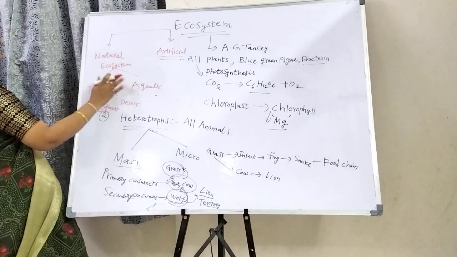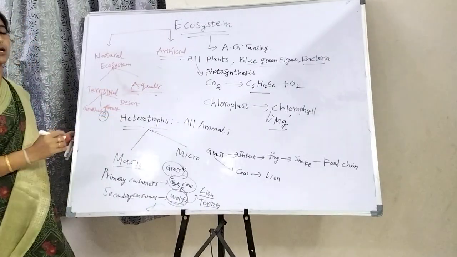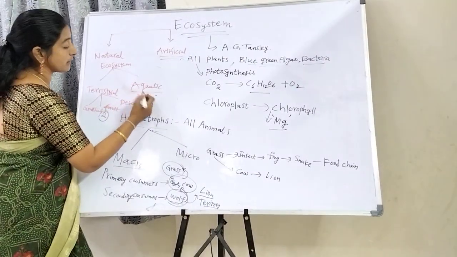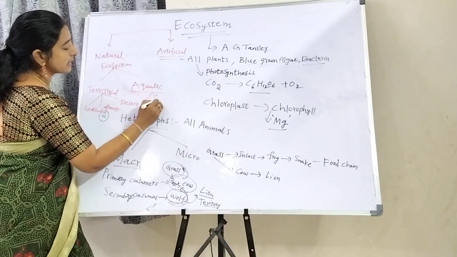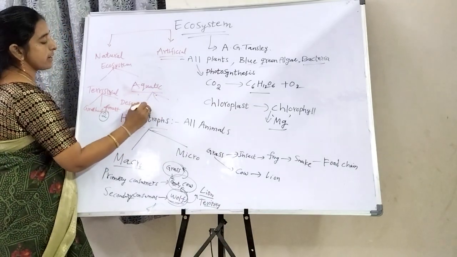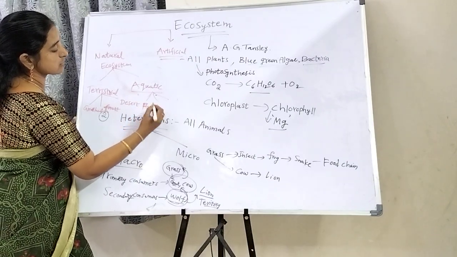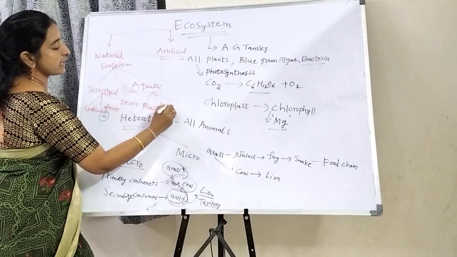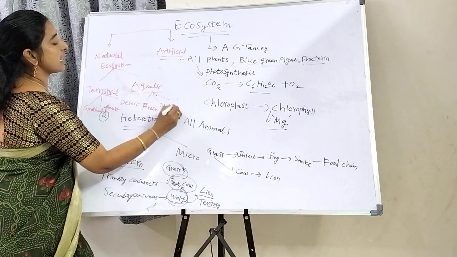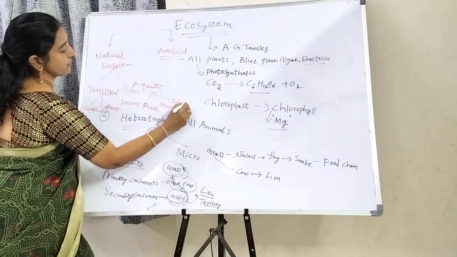The aquatic ecosystem can also be divided into three: freshwater, marine, and saline ecosystems.